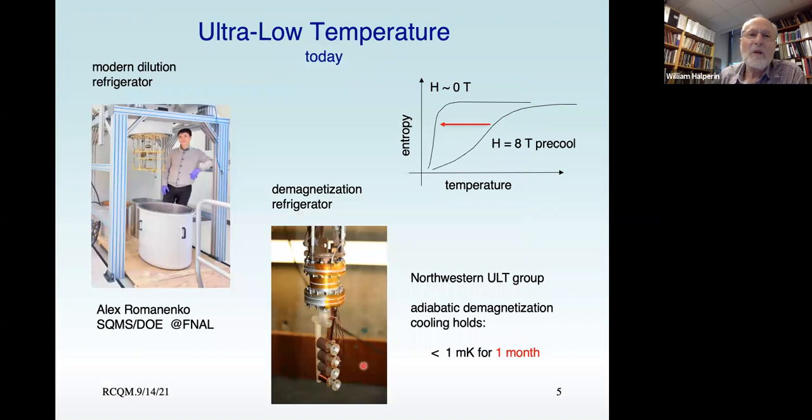I'd like to now move to what we can do, and that's built on a technology that followed the invention of the dilution refrigerator, manifest here in a so-called dry fridge at Fermi National Laboratory in the SQMS DOE collaboration, Alex Romanenko here.